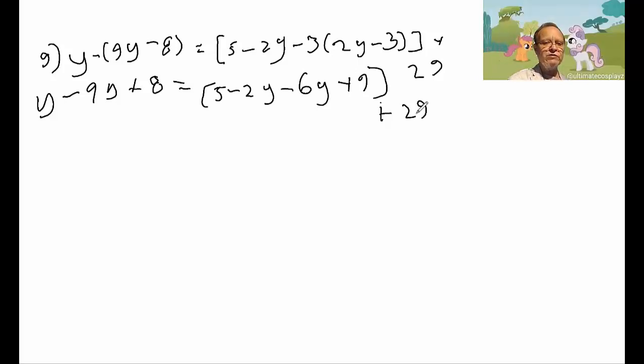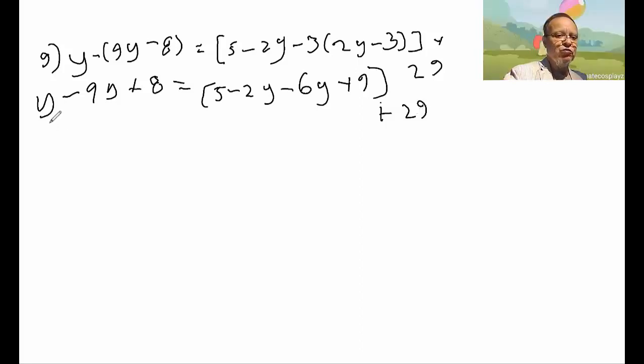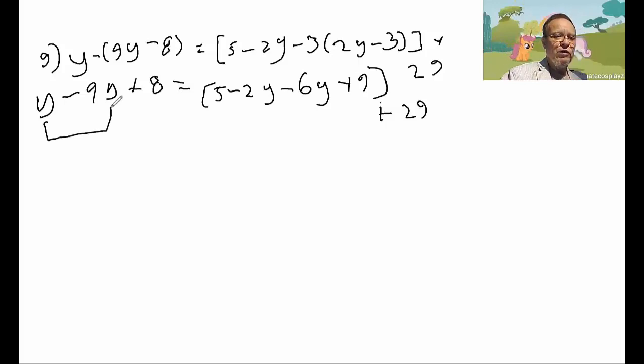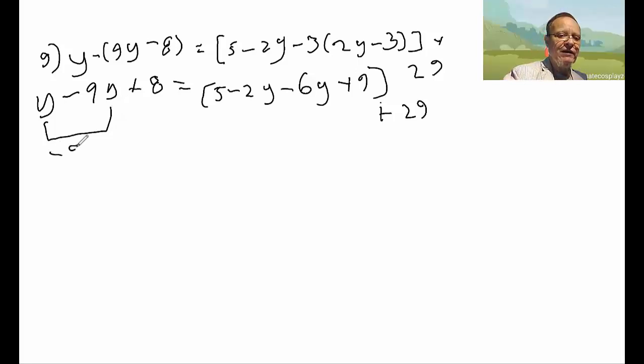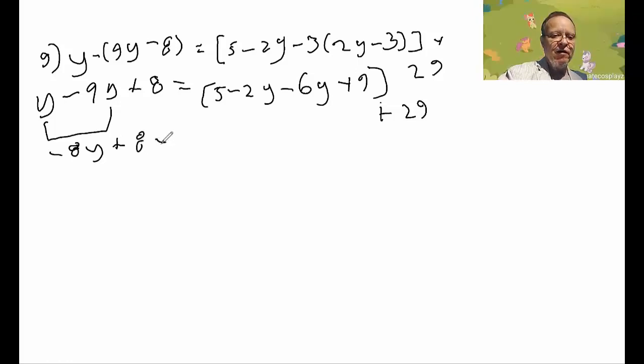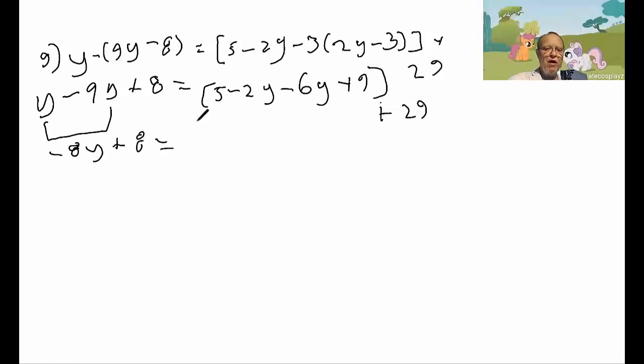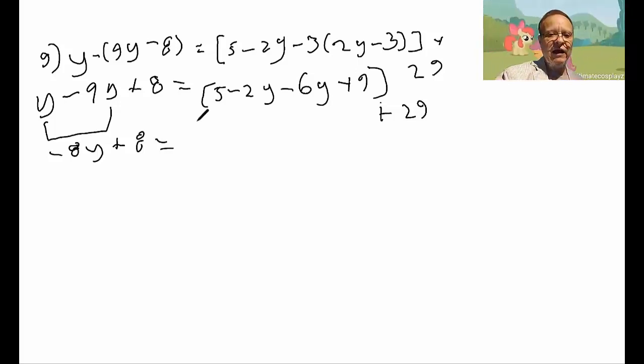Now what we want to do is gather up like terms. So in the first one here, we see we have y minus 9y, and that's equal to minus 8y, and then plus 8. And then on this side, we'll just drop the brackets and carry over.